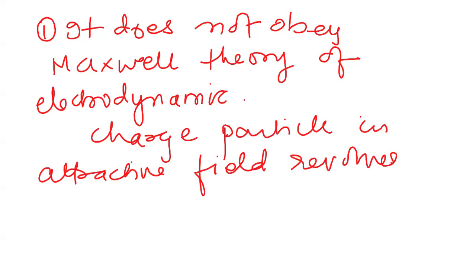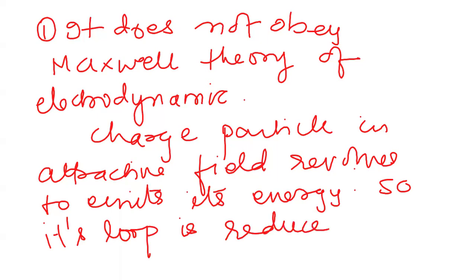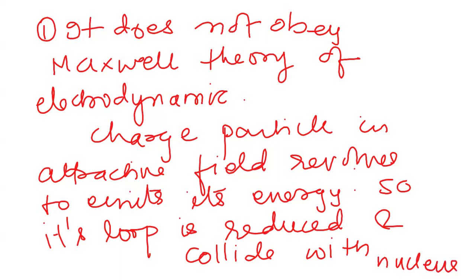Now, why does it revolve? It revolves to emit its energy. So its loop is reduced and it collides with the nucleus.